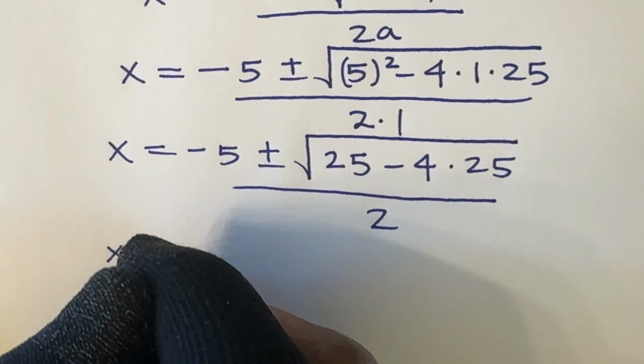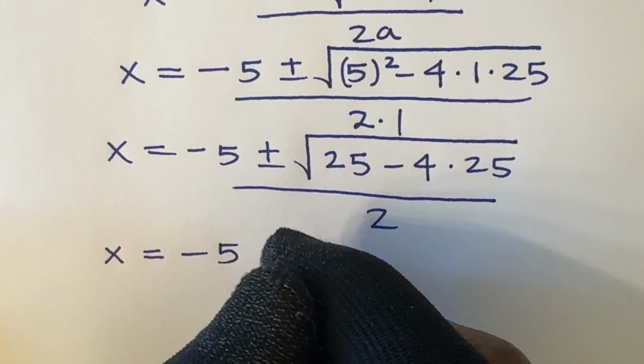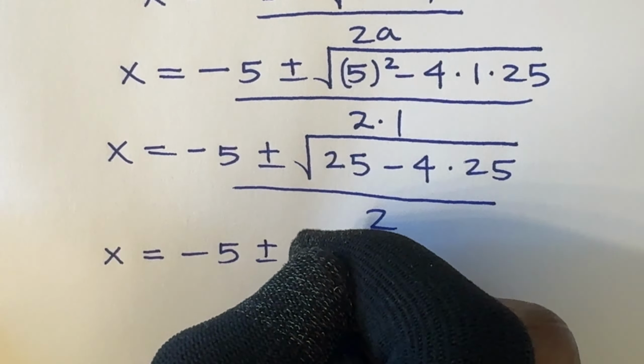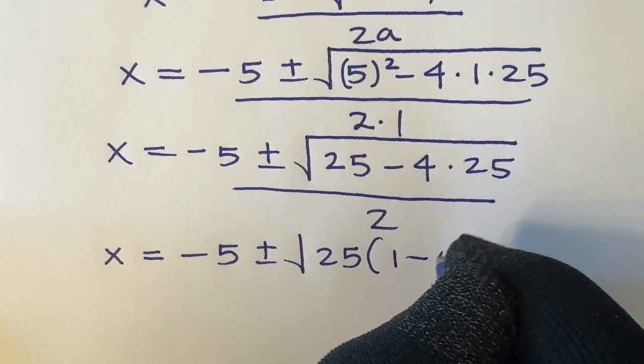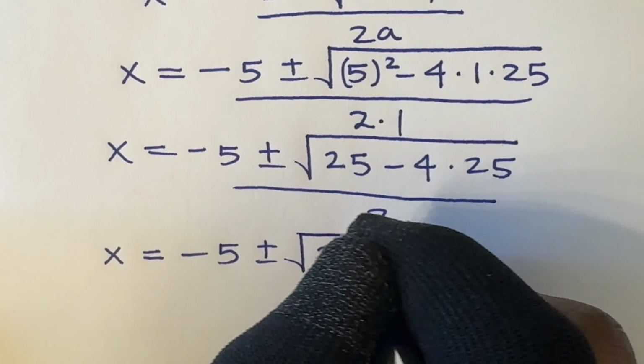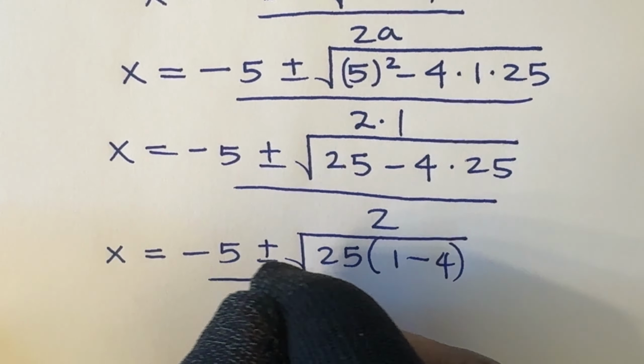So x is equal to minus 5 plus or minus the square root of, 25 is common here, and then we'll have 1 minus 4, then divided by 2.